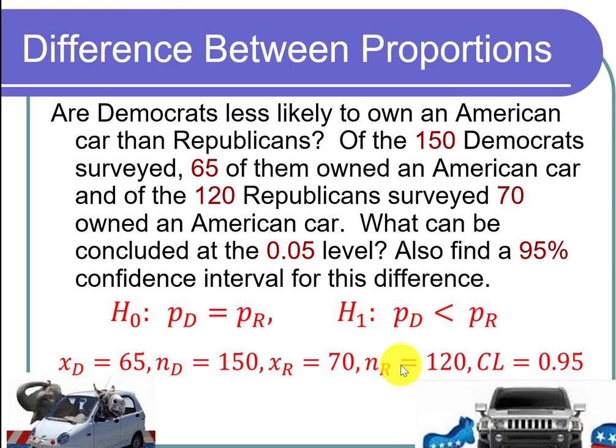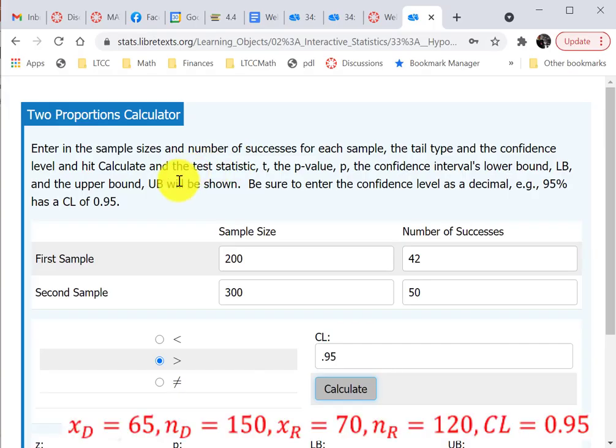So let's do that. Here's the calculator that we had just seen, but now the first sample size was 150. The first sample's number of successes was 65. The second sample's sample size was 120, and the second sample's number of successes was 70.